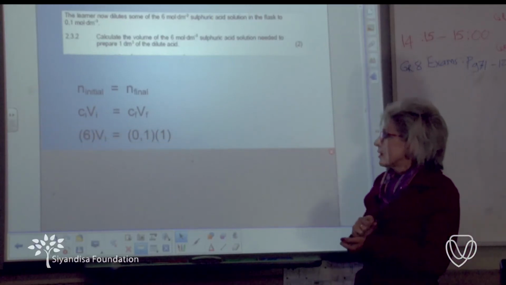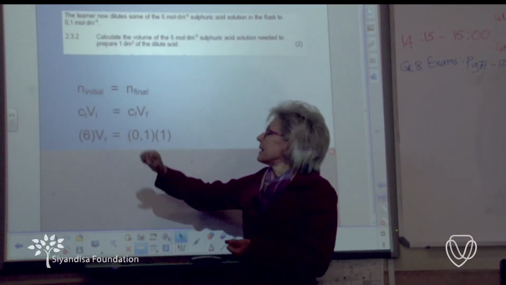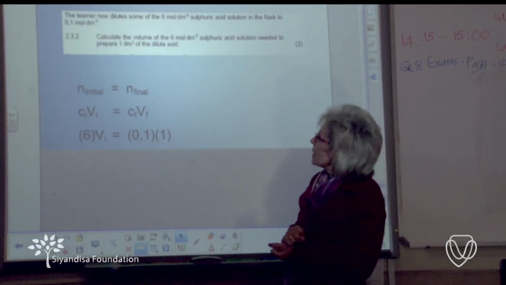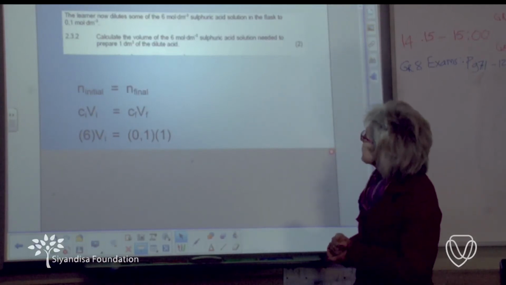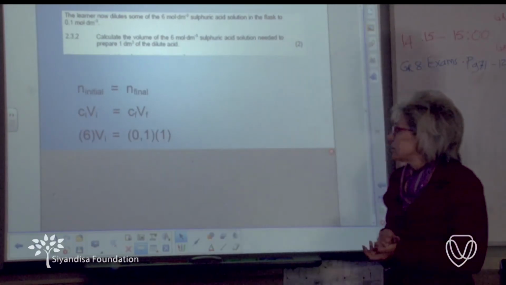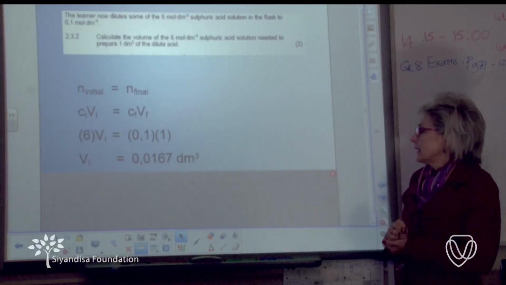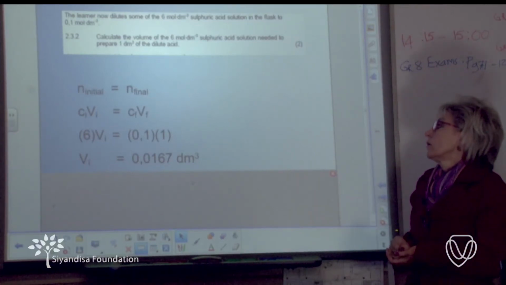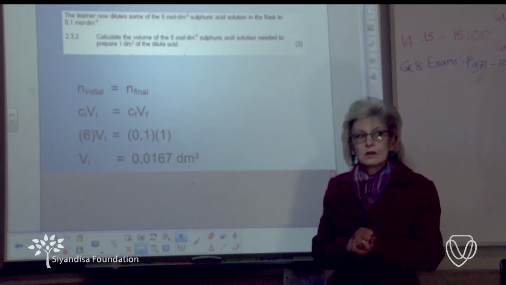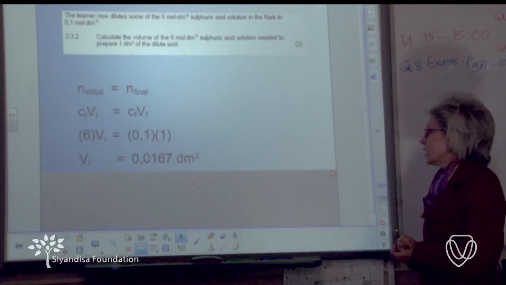Our initial concentration was 6. And this is what we're looking for: what volume must we pour out? The new concentration that we want is 0.1, and the new volume to which we want to dilute is 1 cubic decimeter. By using that we can then figure out the volume that you must pour out of your initial container: 0.0167 cubic decimeter.